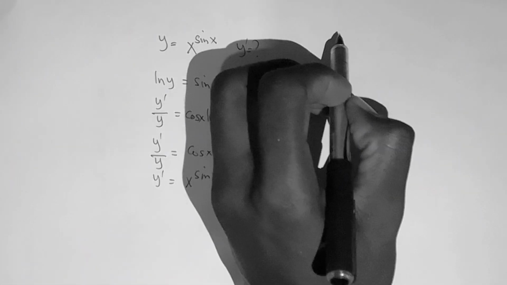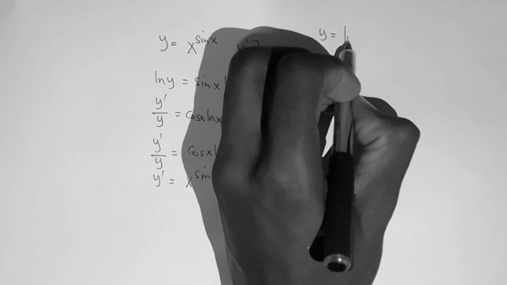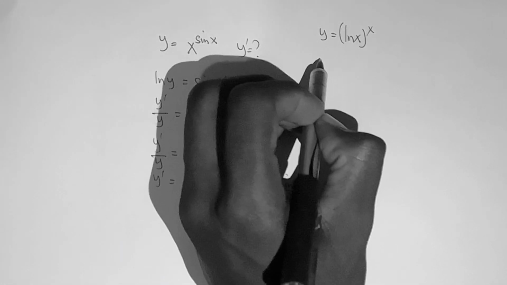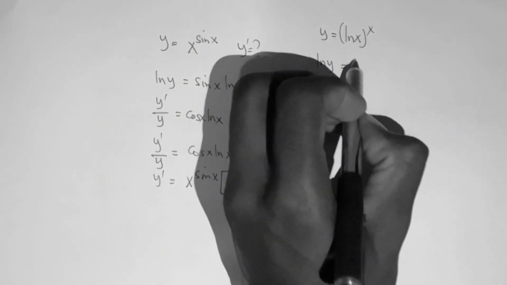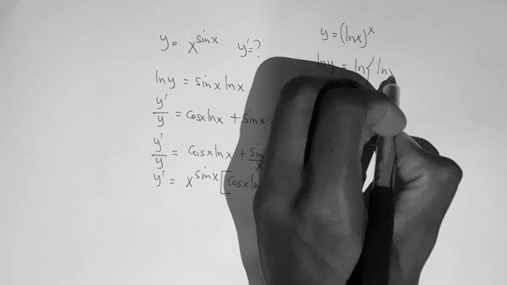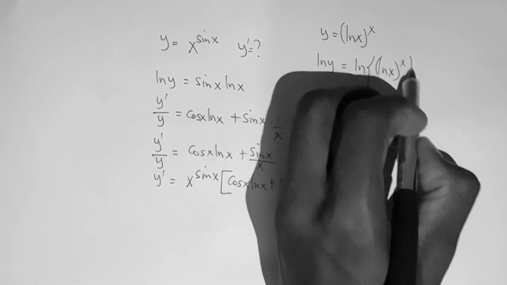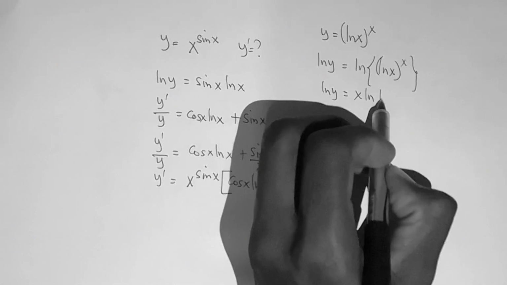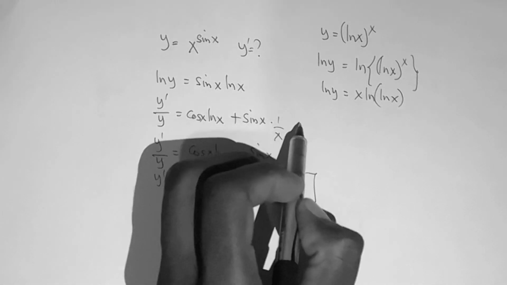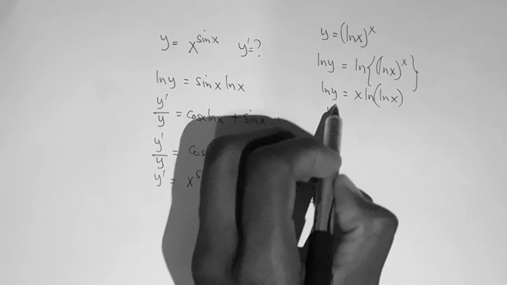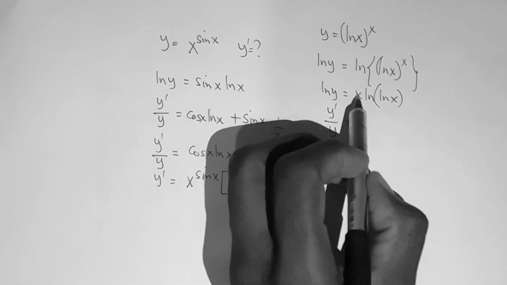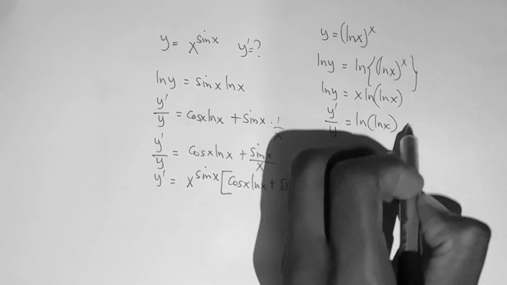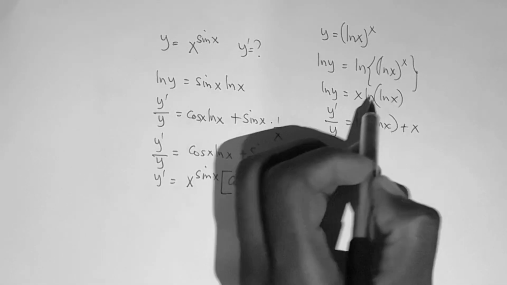Now there is this question that says that if y is equal to (ln x) exponent x, then let's find y prime. So now ln y is equal to ln of (ln x) exponent x, so ln y is equal to x ln x. So this is a product of two functions. y prime over y is equal to differentiate x and maintain this, that is ln x, then you maintain x, so plus x, then you differentiate all of this.